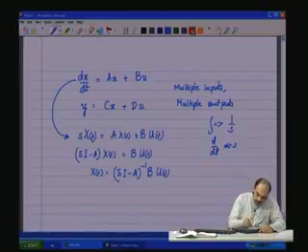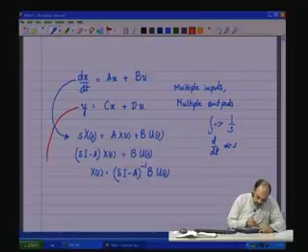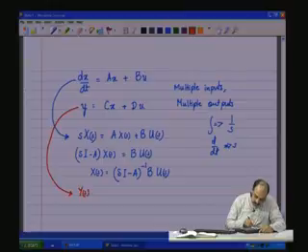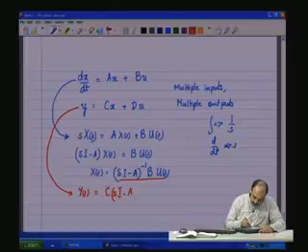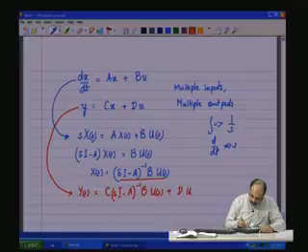Now, if you consider the output equation Y(s) equals CX(s), for X(s) we will substitute this, that is C (sI minus A) inverse BU(s) plus DU(s).